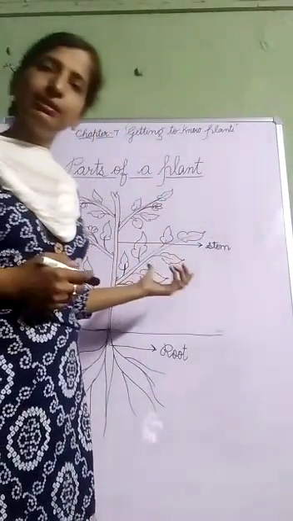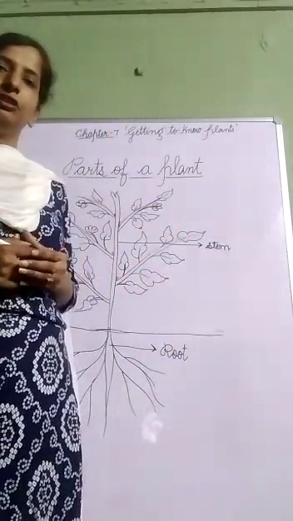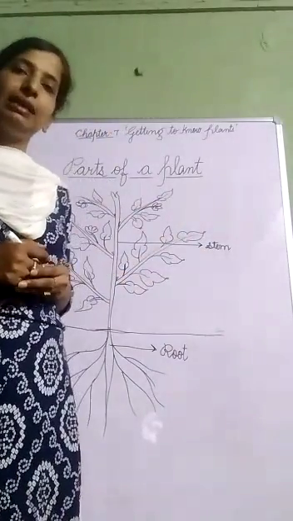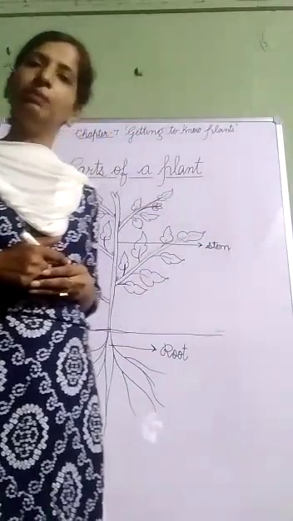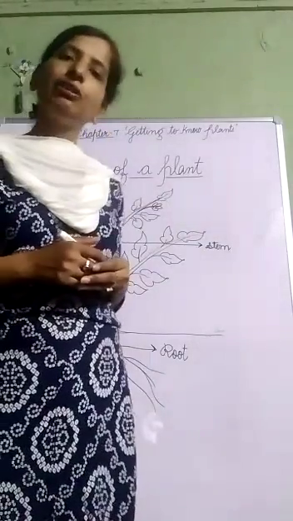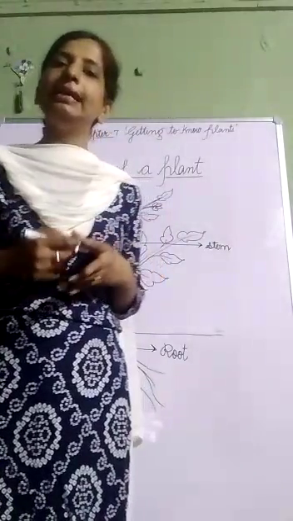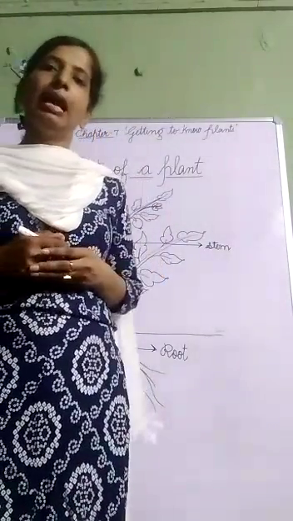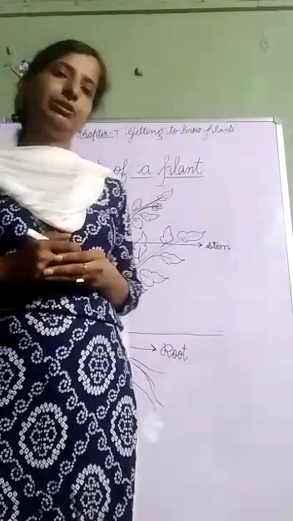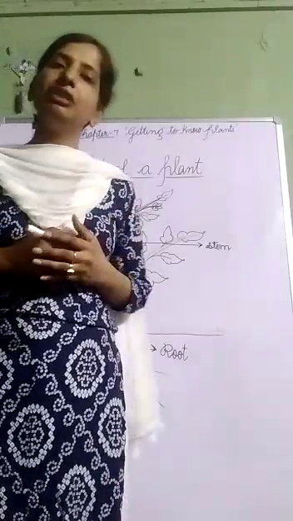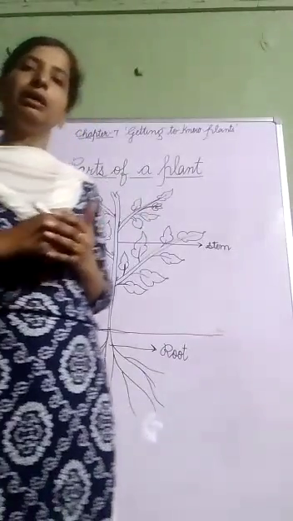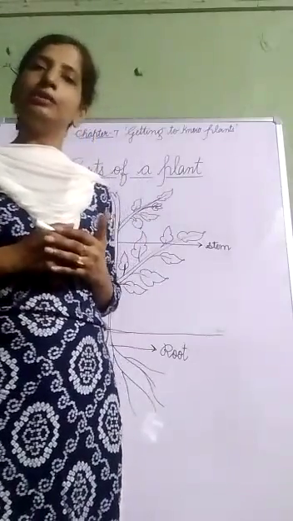And the second important function of leaf is transpiration. Leaves release water vapors and the process is called transpiration. So the process by which leaves release water vapor into the air is called transpiration.